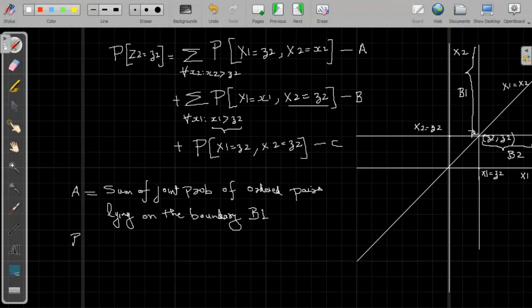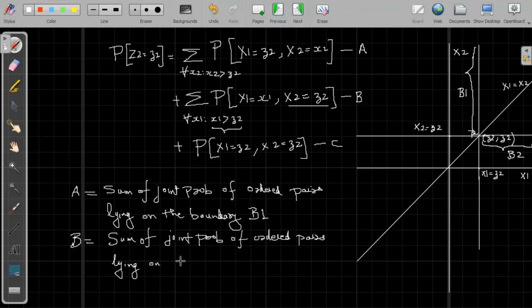So expression B, we can write, is the sum of joint probabilities of ordered pairs lying on the boundary B2.